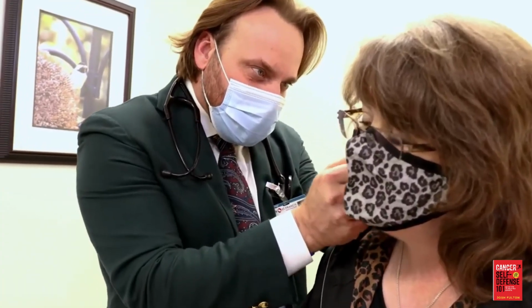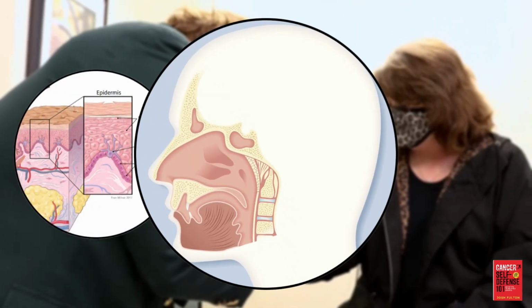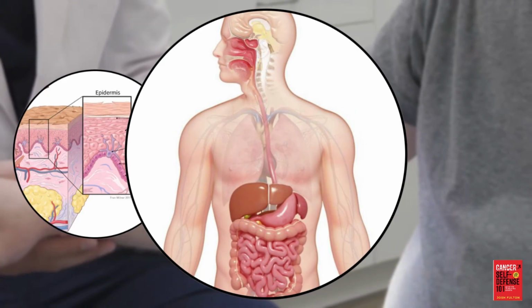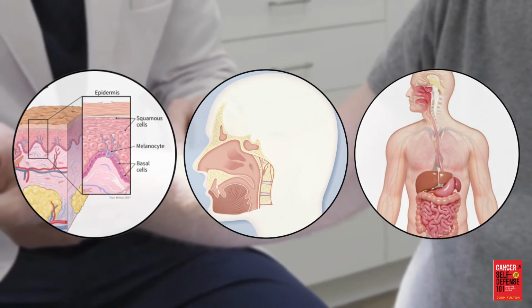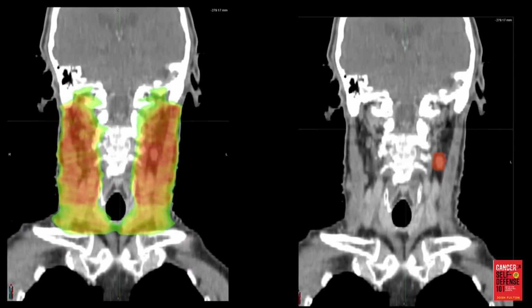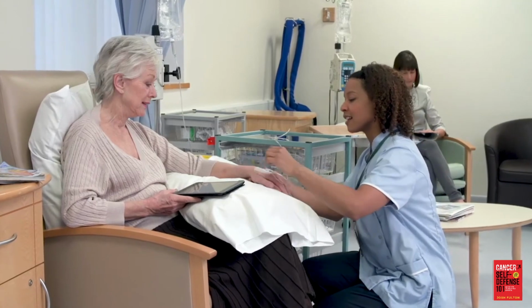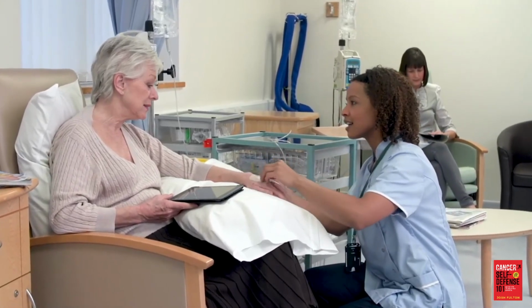Definition and characteristics of squamous cell carcinoma. Squamous cell carcinoma arises from the squamous cells of the skin, mucous membranes, and the lining of various organs, including the respiratory and digestive tracts. This type of cancer typically manifests as an abnormal growth or lump on the skin or mucous membranes.